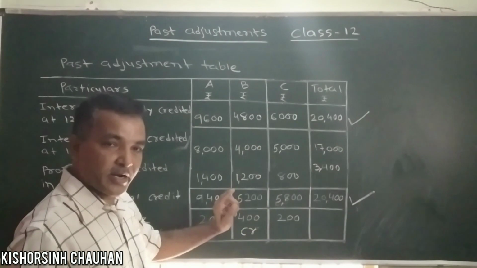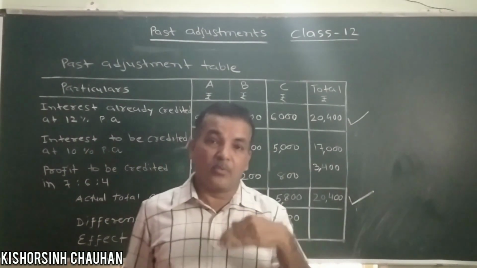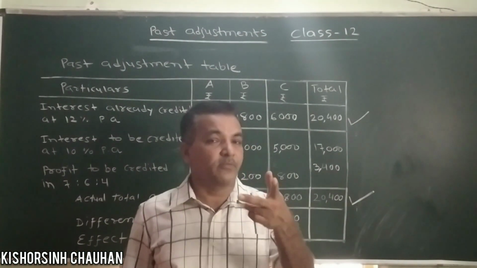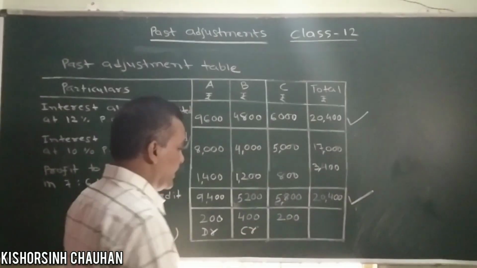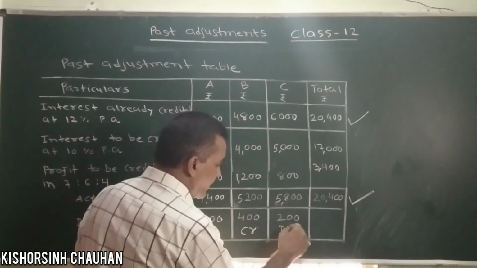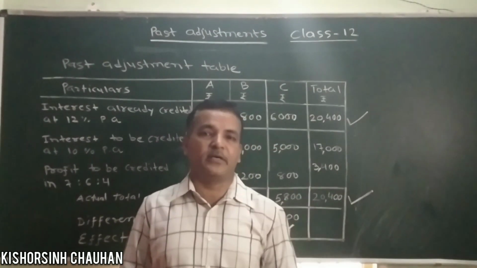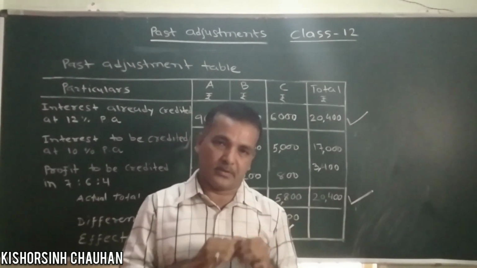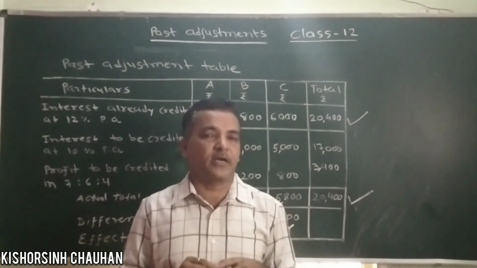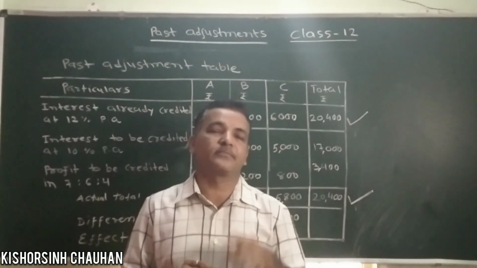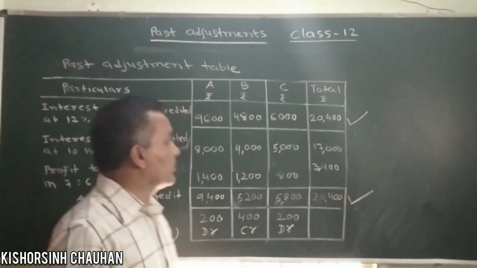So difference is 200. So here credited more. So what you will do? Yes, debit. 200 will be debited. So remember, when more amount is credited, difference we will debit. When less amount is credited, difference we will credit. Okay, that we have to remember.